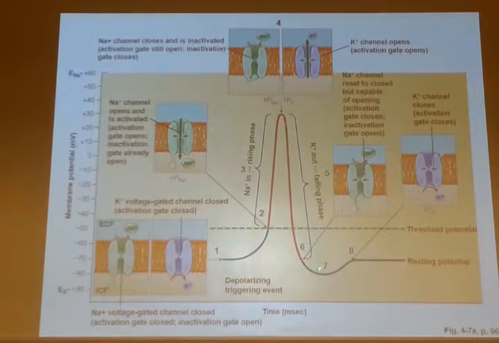The after hyperpolarization phase is because of the potassium channels being open longer than needed to get back to resting membrane potential. In a neuron, that is very significant in the function of the neuron.